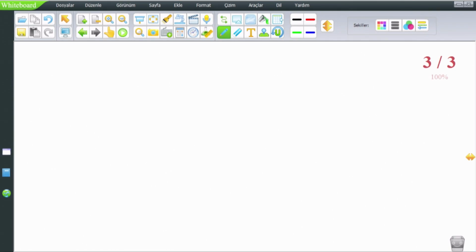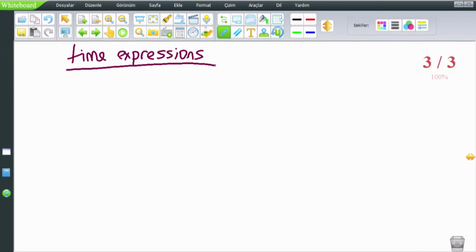But before that, let's have a look at our time expressions that we use with present simple tense.